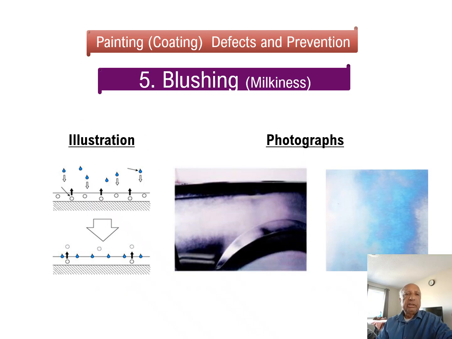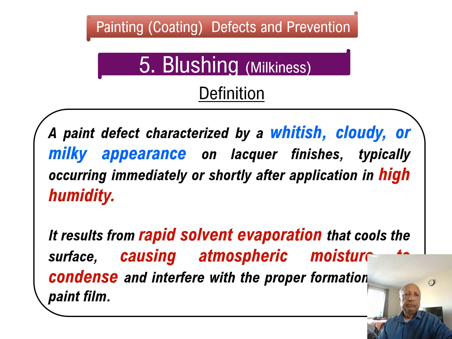Milkiness defect is shown in this illustration and in these two photographs. By definition, blushing can be defined as a paint effect characterized by whitish, cloudy, or milky appearance on lacquer finishes, typically occurring immediately or shortly after application in high humidity.